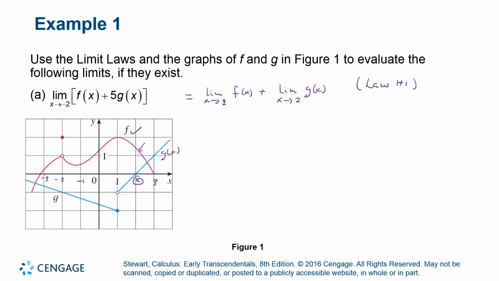Now I'm considering the limit as x approaches 2 from the left, and also from the right. If this is 2, this value is about 1.5. So if you do that, you have about 1.5 plus 5 times.